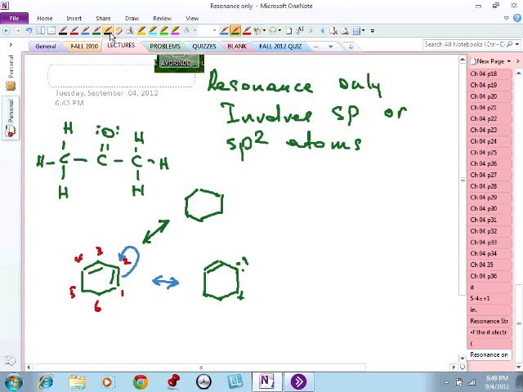This time, what do I want to do? I now want to move this pi electron to here, and I get a negatively charged carbon, and this carbon becomes positively charged.